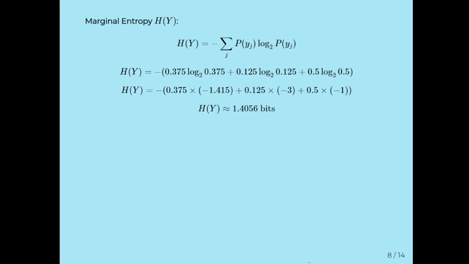So we have some of the same numbers as before. 0.375 times minus 1.415 plus 0.125 times minus 3 plus 0.5 times minus 1. And that should work out to be 1.4056 bits, approximately, with some rounding error here.